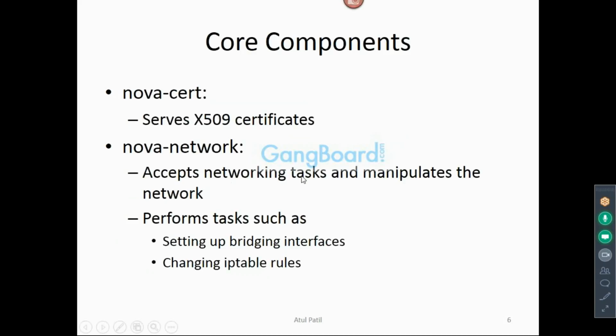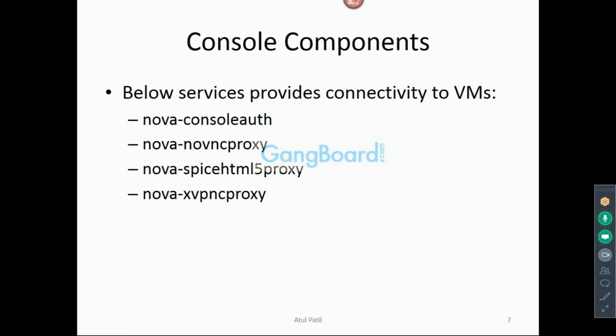It accepts networking tasks and manipulates the network, performing tasks such as setting up bridge interfaces and changing iptables rules. So Nova Network is basically used for bridging interfaces only. Now all the functionality of Nova Network has gone to Neutron, right? Nova Network was replaced by Neutron, but Nova Network is also still there.